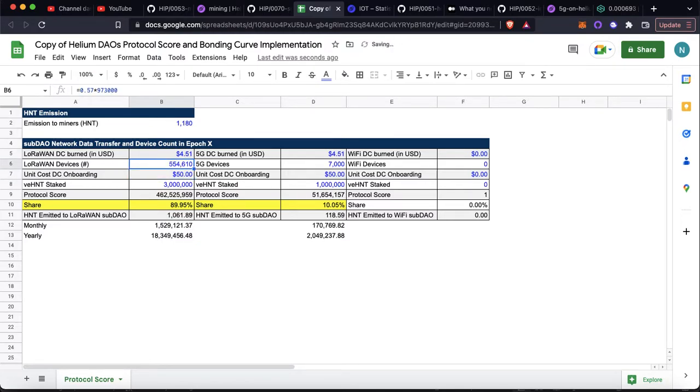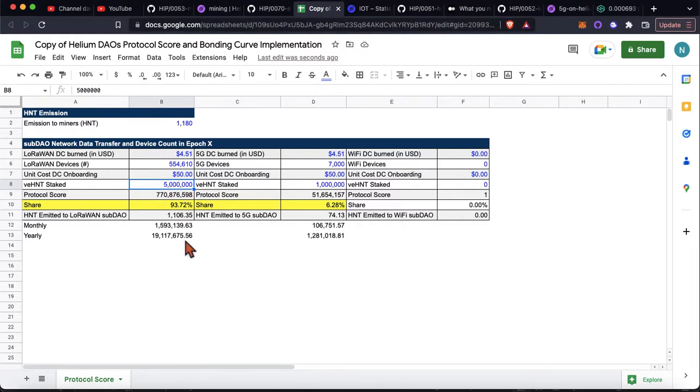All right. Okay, so I wasn't that far off. 550,000 LoRaWAN devices online right now. Okay, so this is, like I said, probably going to be higher, maybe like 4-1 or even like 5-1, in terms of who's going to stake the most HNT towards the LoRaWAN sub-DAO.